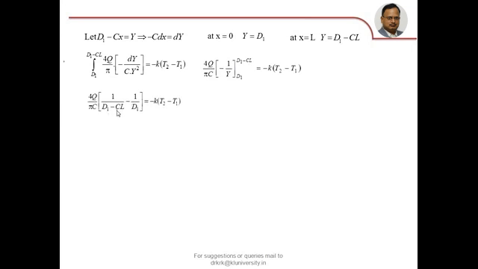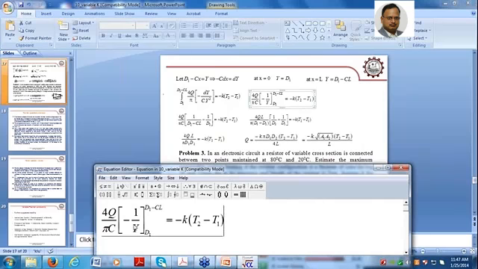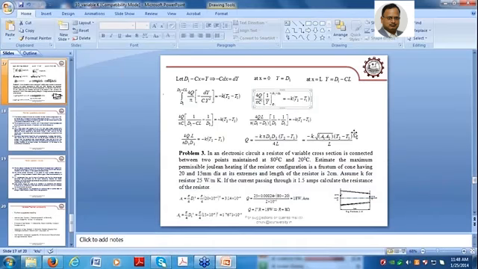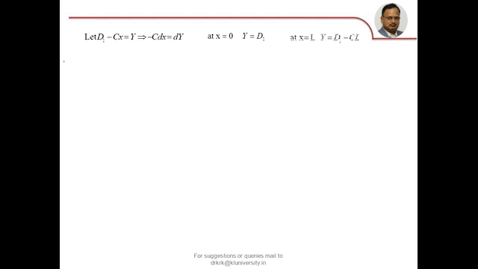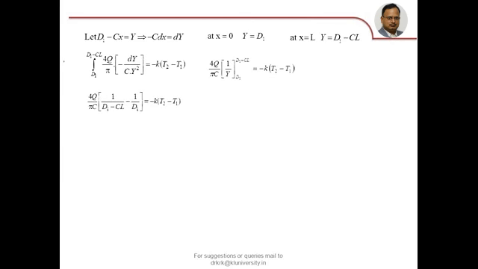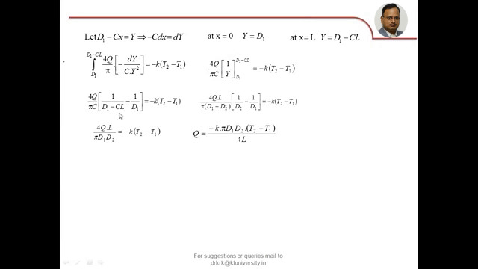Now substitute 1 by (d1 minus CL) minus 1 by d1, and you will get minus K (T2 minus T1). So 4Q by pi C times 1 by (d1 minus CL) minus 1 by d1.